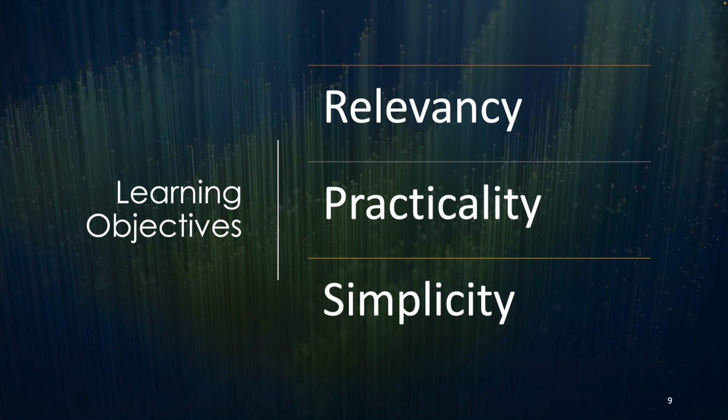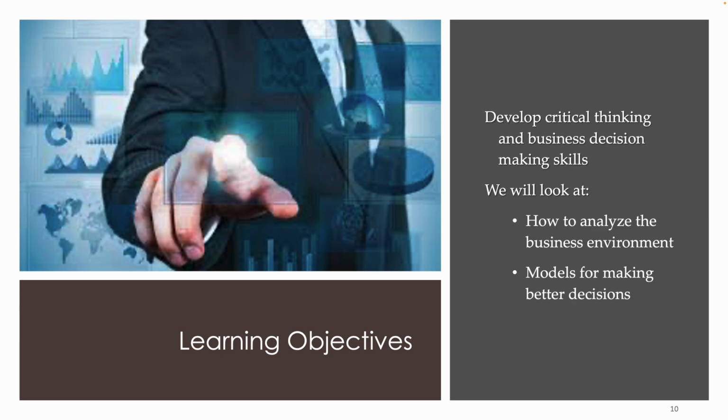We're not going to try to learn weird theories or historical facts that were interesting 50, 60, 70 years ago. What can I start doing now to make myself better? Well, big part of that is critical thinking skills. And I know you've heard that, but that's a big disconnect right now in the workplace. I serve on many advisory committees with Tarrant County College and with other industries.